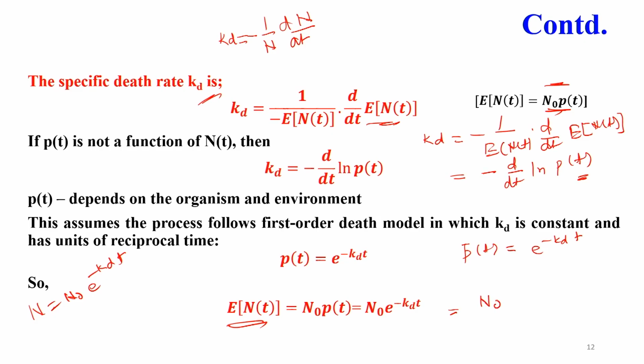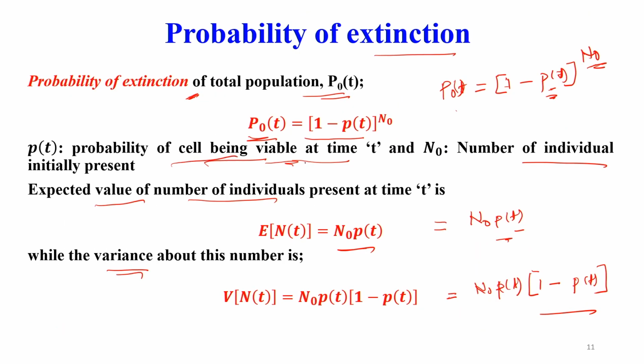So n naught, and pt is e to the power minus kd into t. If we compare these two expressions, pt is directly equal to e to the power minus kd t. So this thermal death constant is related with the probability of a cell being viable at time t.